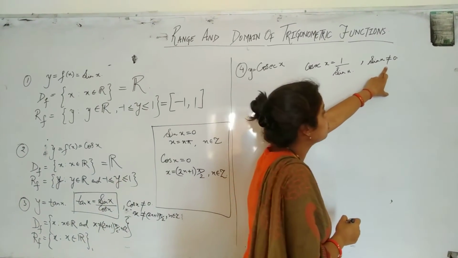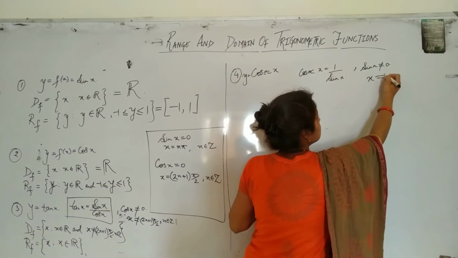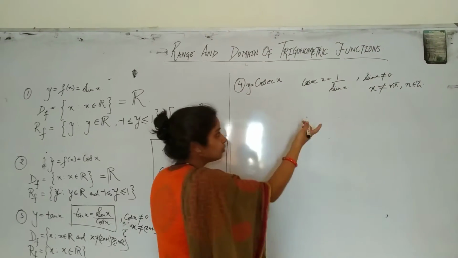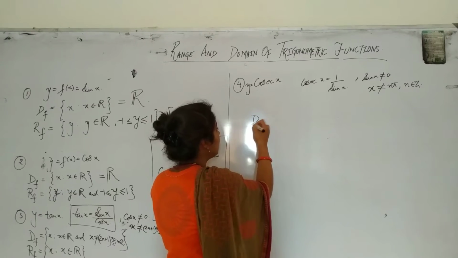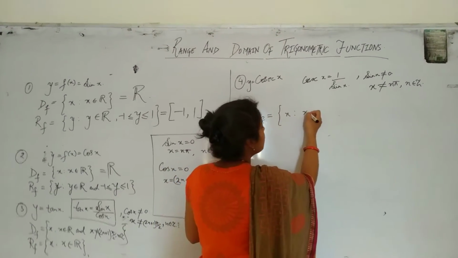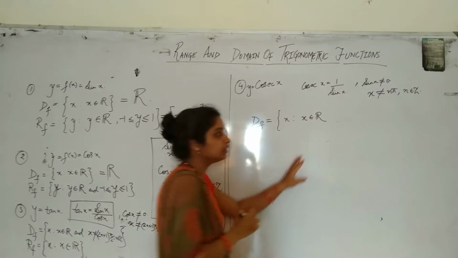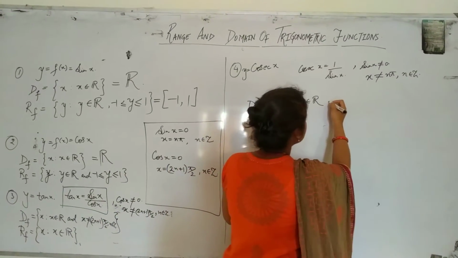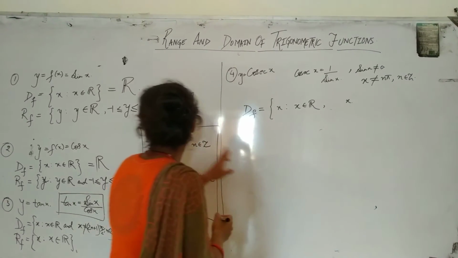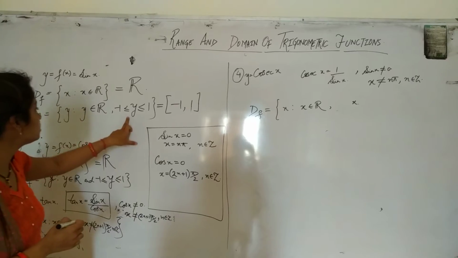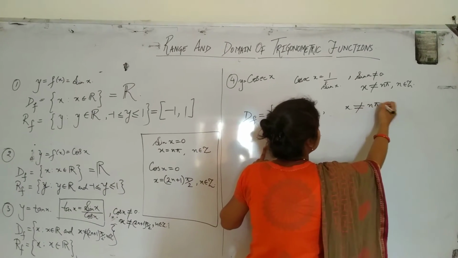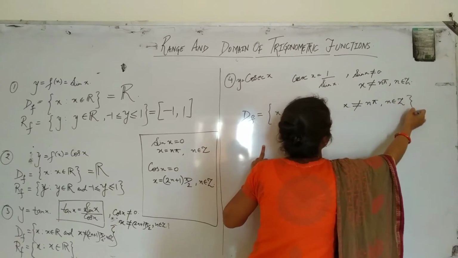So sin x is not equal to 0 means x is not equal to n pi, where n is an integer. Using this I can write the domain of the function cosec x: x such that x belongs to the set of all real numbers and x is not equal to n pi, where n is an integer.